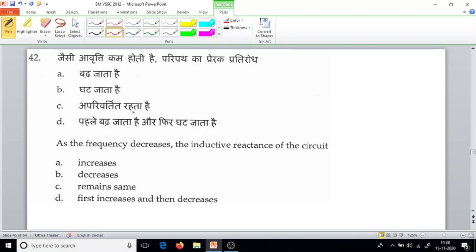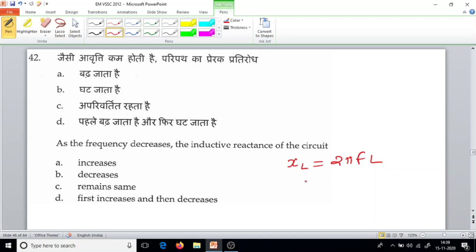Question number 42. As the frequency decreases, the inductive reactance of a circuit. What is inductive reactance? That is XL equal to 2 pi FL. This is an old question paper, but many questions are coming from this question paper. Basically, every year 2 or 3 questions are coming from the old question paper.